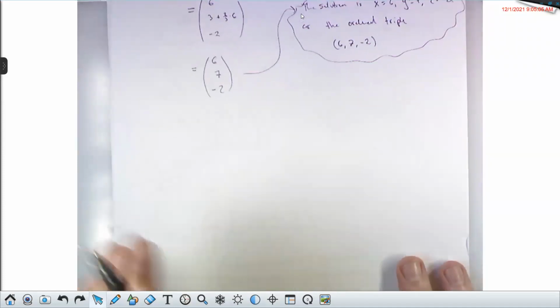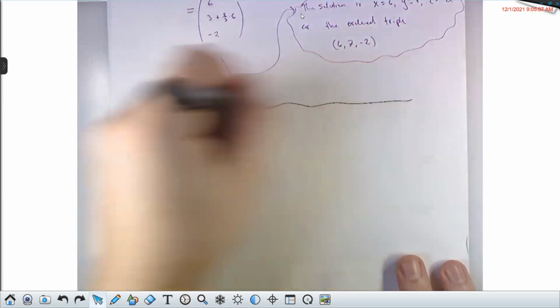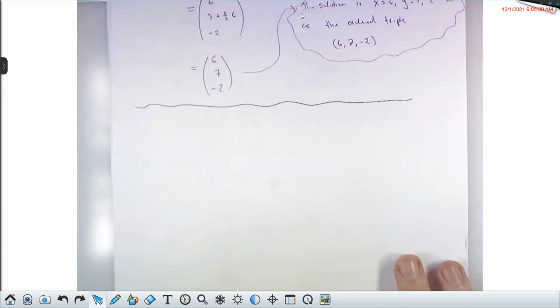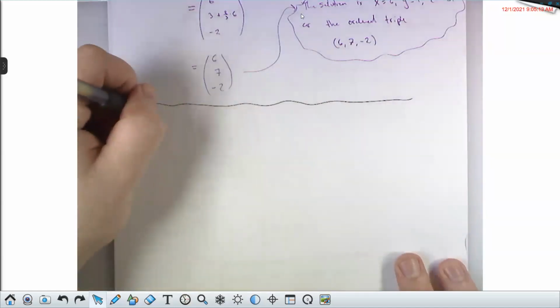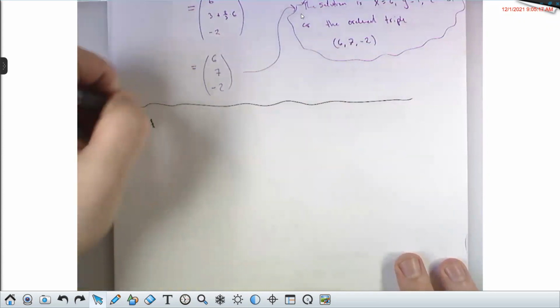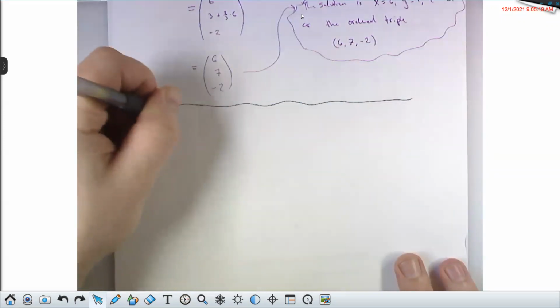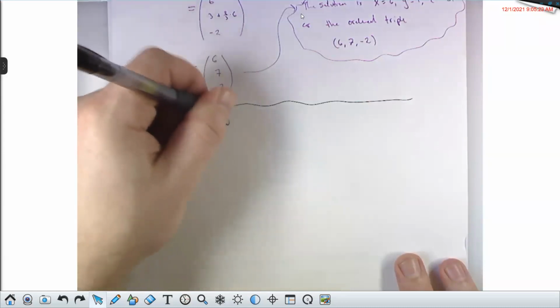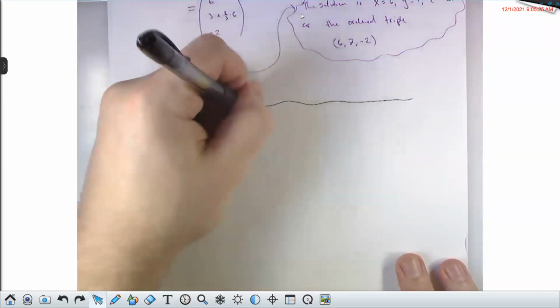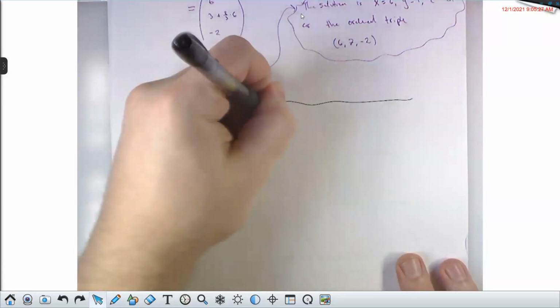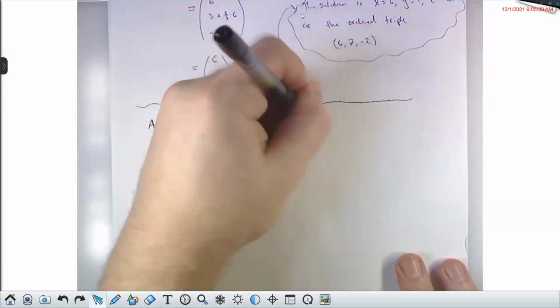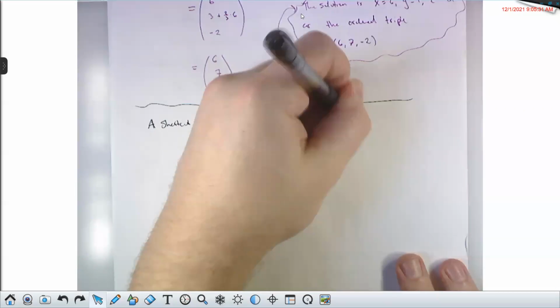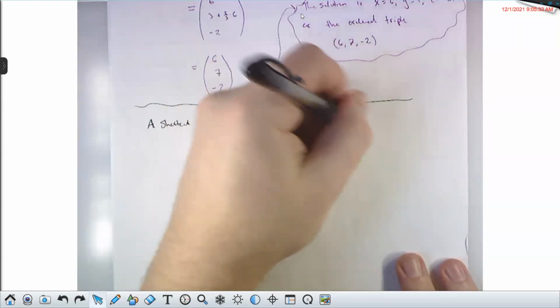If you're going to use this matrix approach, you don't want to have to go through that procedure of augmenting and row reducing. So this is a shortcut for finding A inverse when A is 2x2.